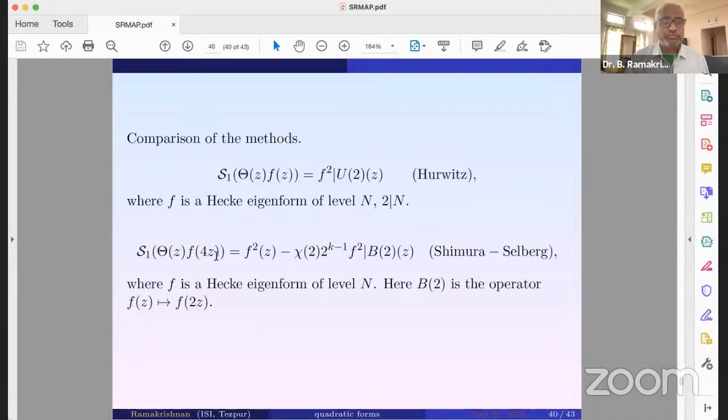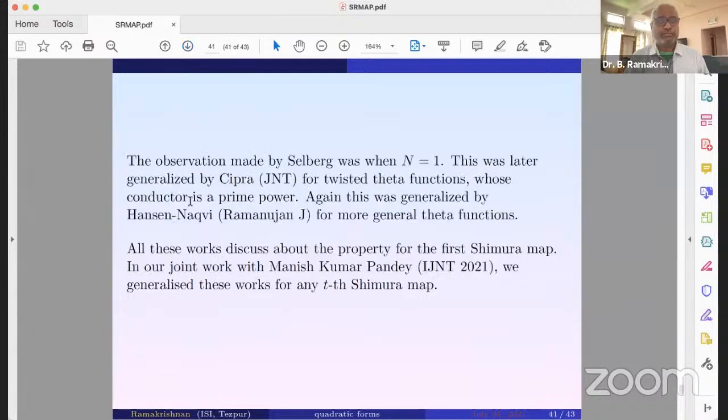They also put a character here, because we are talking about a trivial character, but one can also talk about f a Hecke eigenform of level with character, and then generalize the theta function. In this more general class of functions, what is the image? The image similar to this comes. That was the result of Hans and Naqvi.